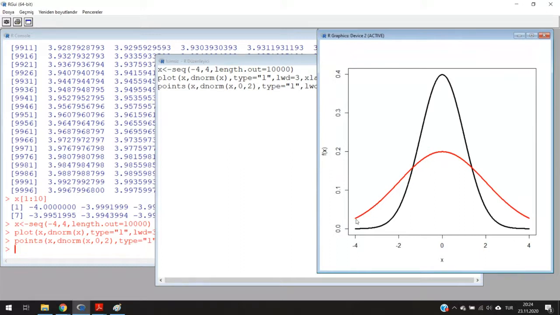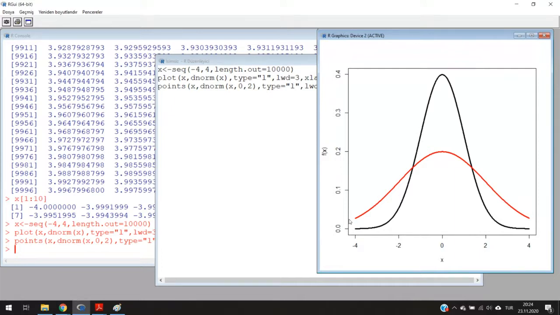It is converging to 0, but it is still far from the tails of the previous probability density function. The convergence will occur maybe after -8 and +8.